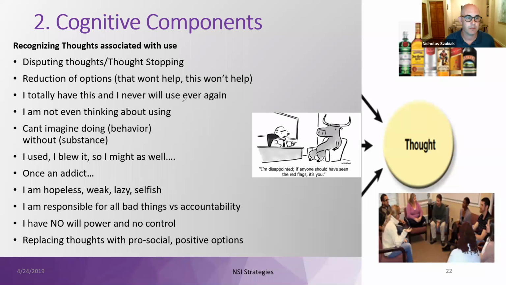We start to see patients in the danger zone too, when they start to do what's called a reduction of options, where all the interventions that we come up with, they find themselves saying, well, that won't help, or this won't help, or that won't work, or I can't go there because it's raining out. When we can teach our patients that they may fall into a reduction of options, they can gain an awareness to say, oh, wow, I'm reducing options.